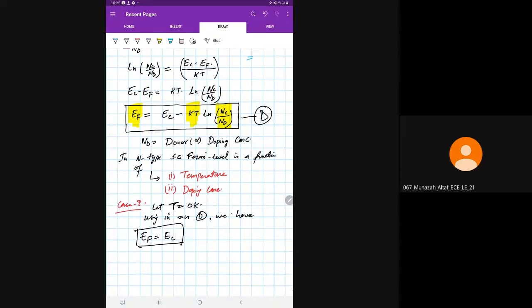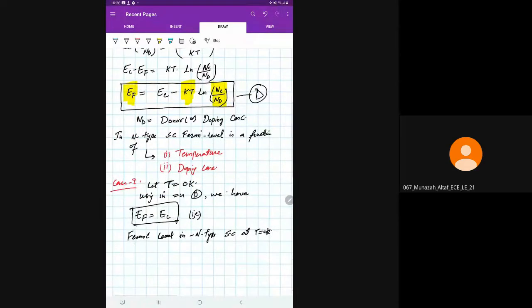So EF will be equal to EC. That means that the Fermi level in an N-type semiconductor at T equal to 0 Kelvin coincides with EC.